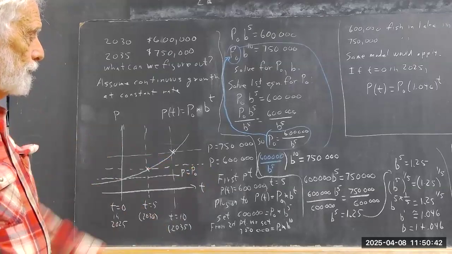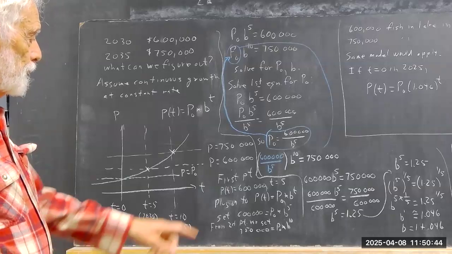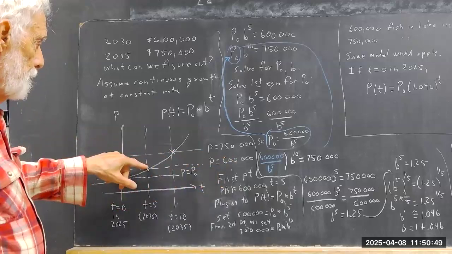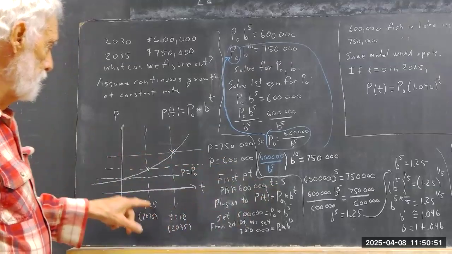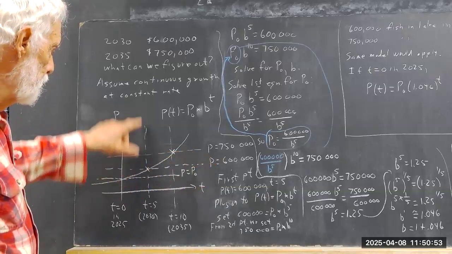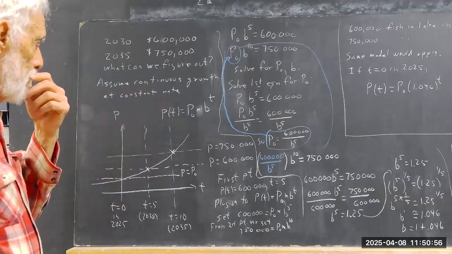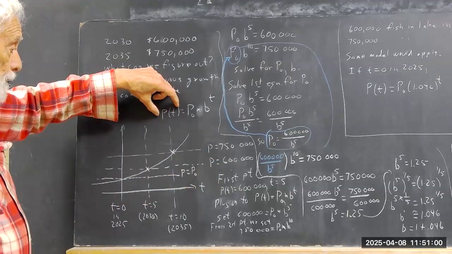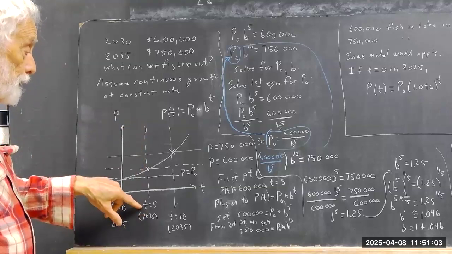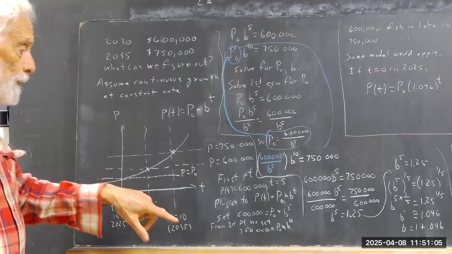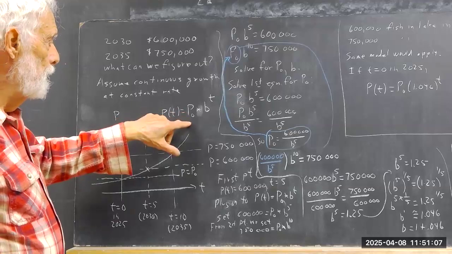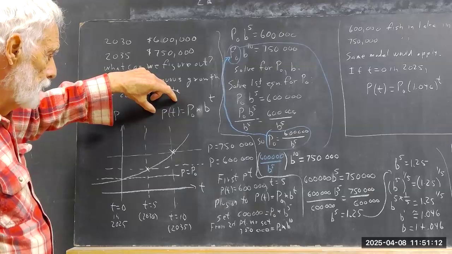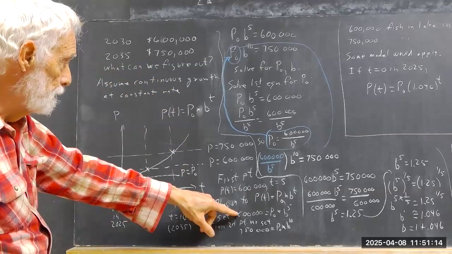The first point on our graph tells us that P of T is 600,000. Okay, when T equals 5. So we take 600,000 and 5 and plug it into the equation. What's the 600,000? That's the P of T. What's the 5? Well, that's your T. So instead of P of T equals P naught times B to the T, P of T is 600,000. So we write 600,000.